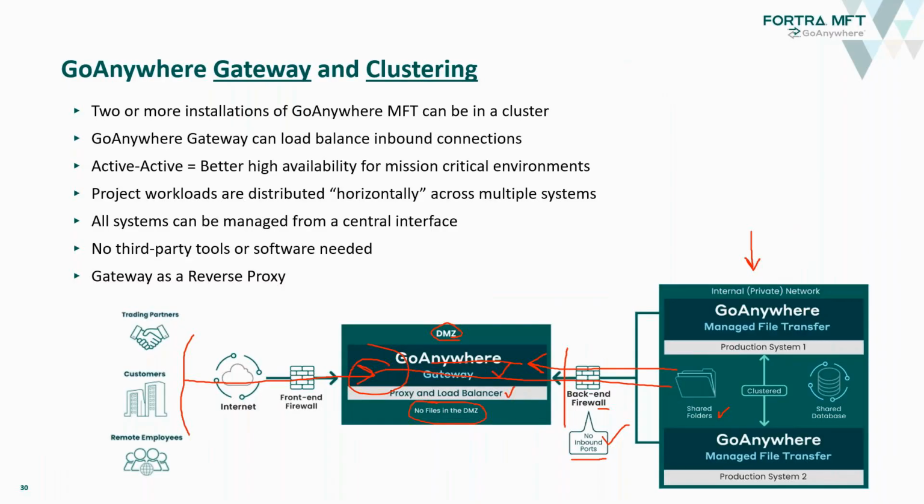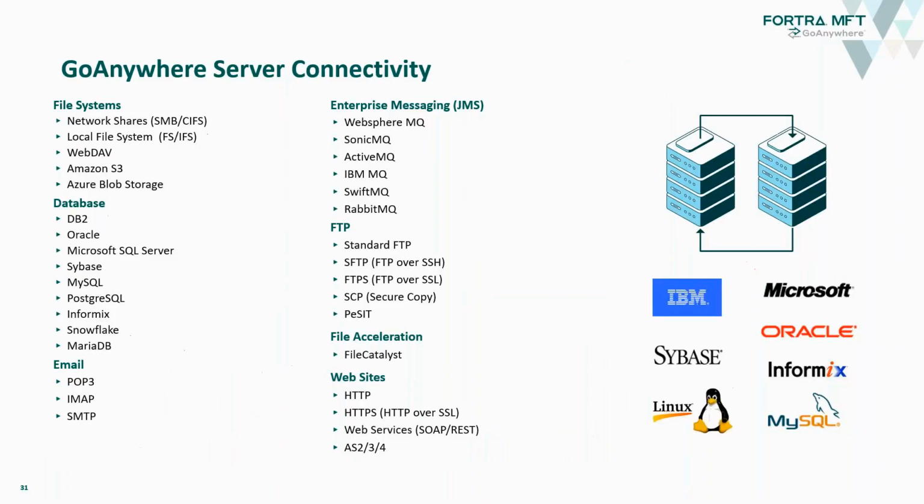Moving on here, just talking about our server connectivity, a little bit deeper into that integration. GoAnywhere has the capability to share files with multiple file systems, from SMB, IFS, S3 buckets, Azure Blob Storage, to connecting to a database, allowing you to automatically, say, query a table, modify those records, write to a document, encrypt that document, and then transfer it as needed, where needed, etc. Emailing, messaging, using different protocols.